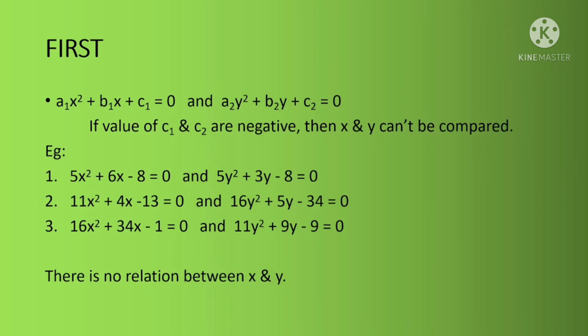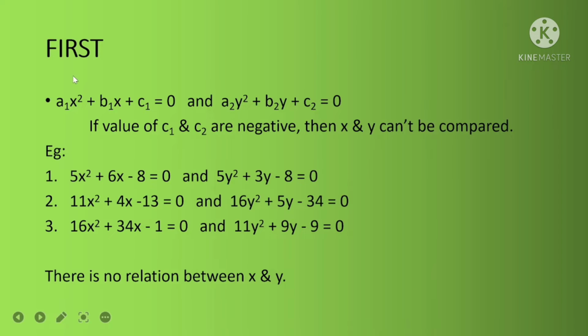If the values of c1 and c2 are negative, it indicates that one value of x is positive and the other value of x is negative. Similarly, if c2 is negative, then one of the values of y will be positive and the other negative. If one value of x is negative and the other positive, and y is in a similar order, then we are not able to compare the values of x and y.